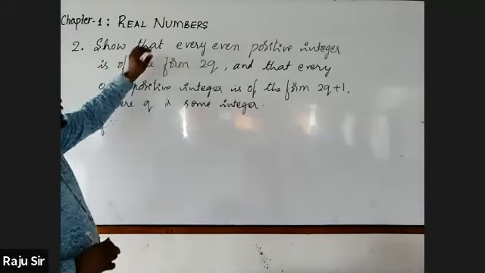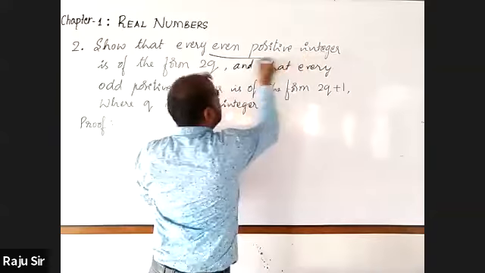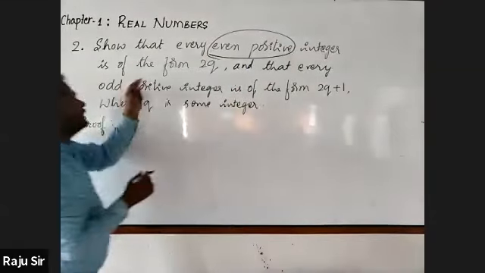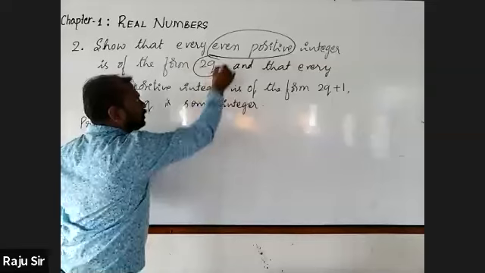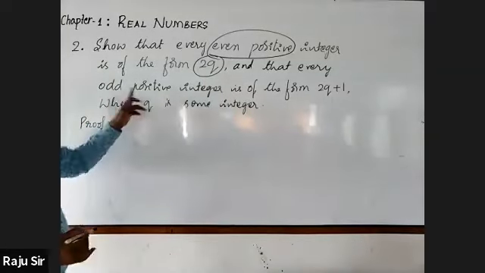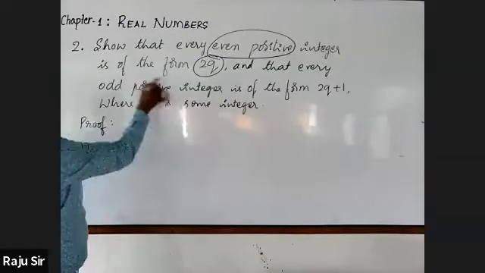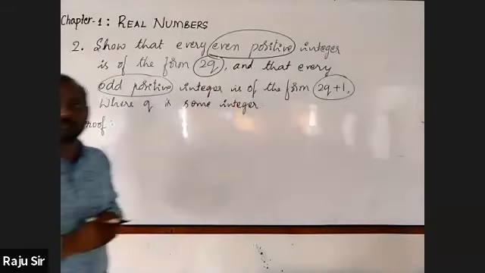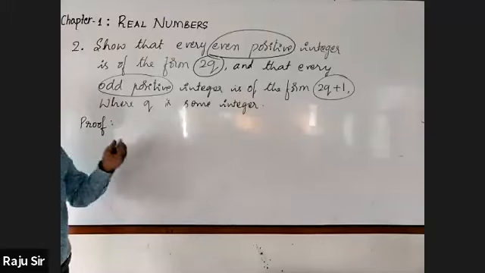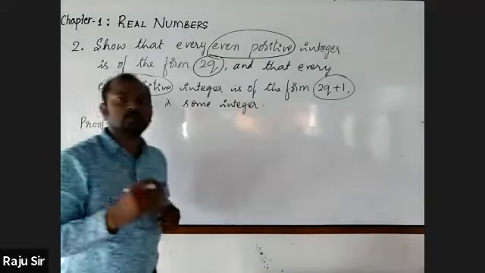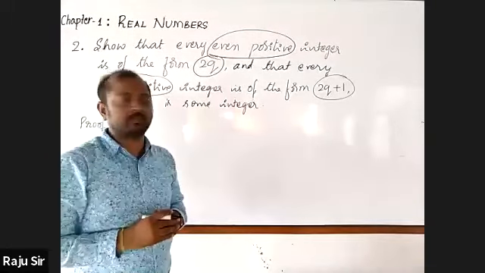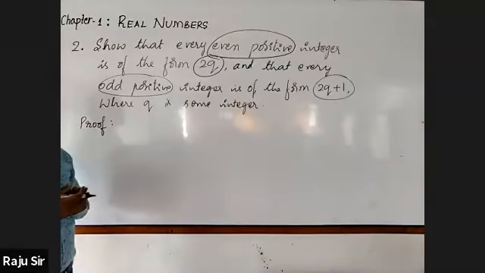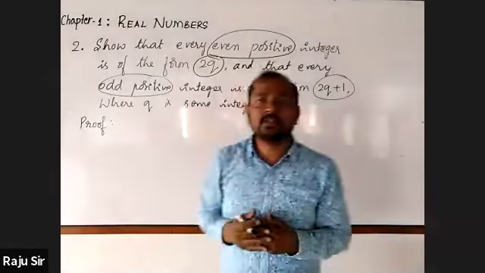Once you go through the statement, show that every even positive integer is of the form 2q and that every odd positive integer is of the form 2q plus 1. This is also to be proved by using Euclid's division algorithm. We do not know what that positive integer is. The positive integer is not given.